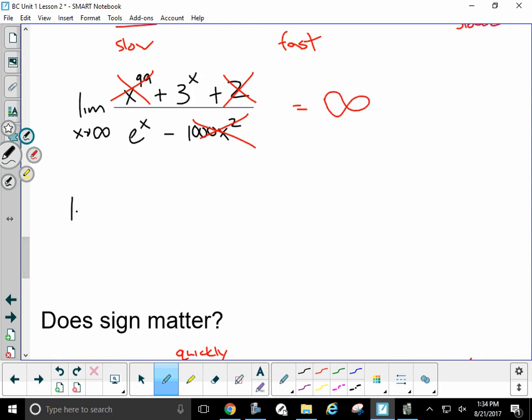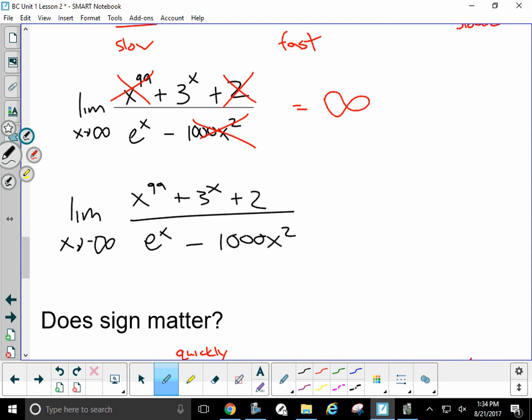Watch, if I ask you what's the limit as x approaches negative infinity of this same problem that we just did. Okay, probably copy it down one more time. Notice that I have a negative infinity. We can't cross off the x to the 99th. We can't cross off the 1000x squared. Why? Because as we're approaching negative infinity, this fastest growing exponential function turns into essentially a constant.